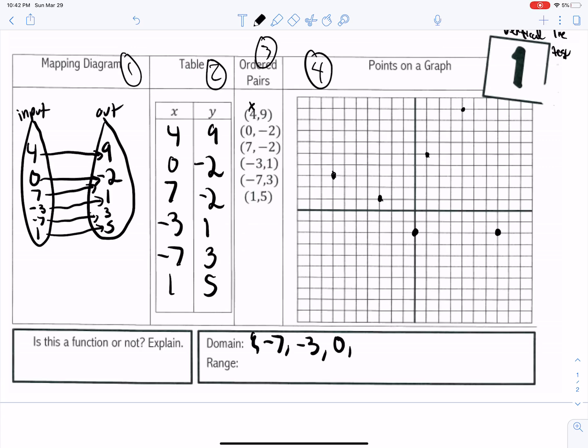We got 0. We got 1. We got 4. And we got 7. And the range, all the y values, all the output values. We got -2, I don't have to repeat it. 1, 3, 5, 9. And then finally, is this a function or not? It is. The x's don't repeat.